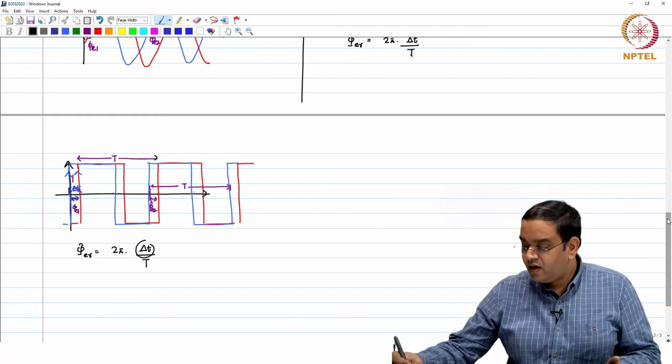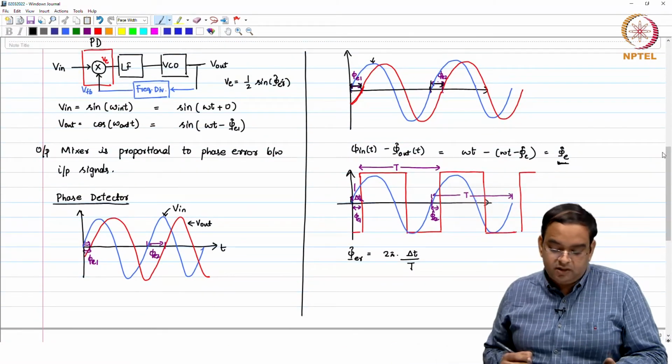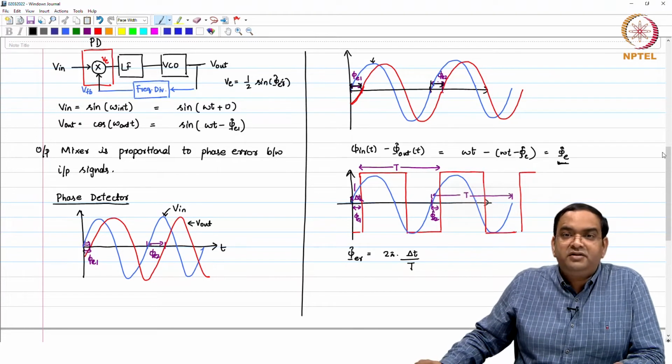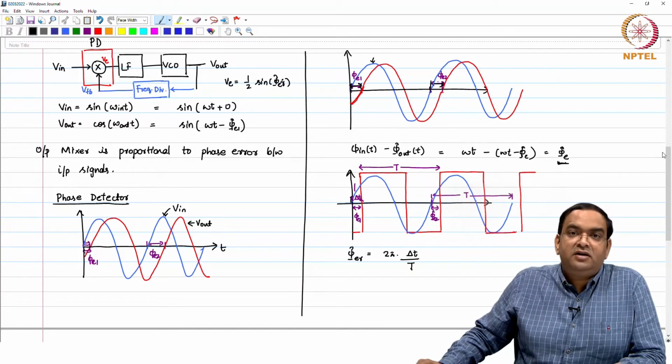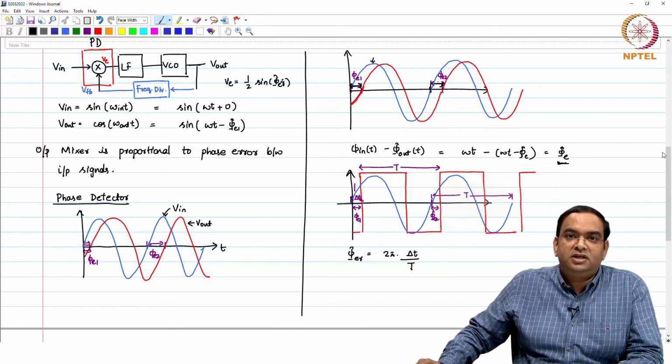Okay. So, one thing which you need to understand from here is that the phase error detector which we have used so far works for sinusoidal signals.